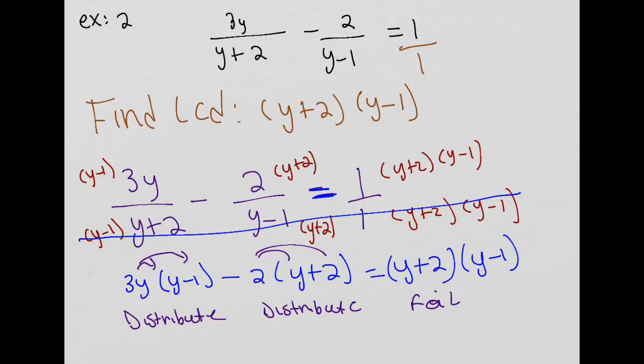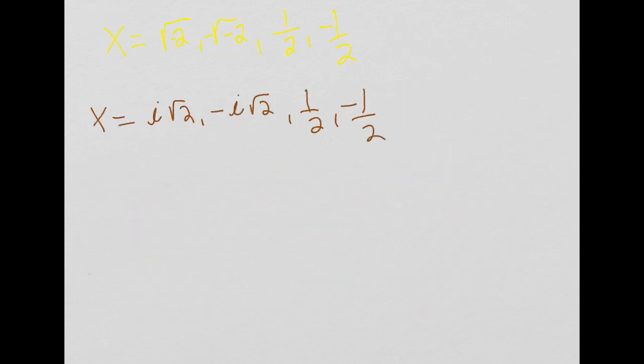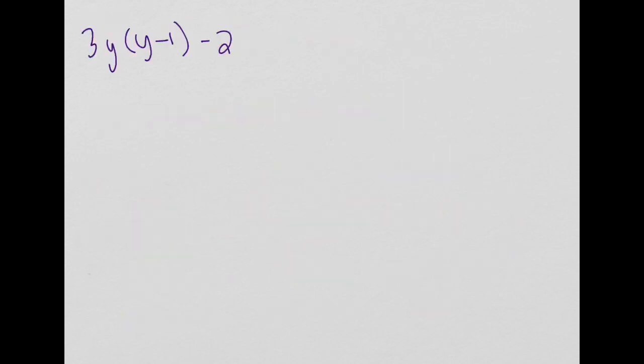Okay, so that is 3y times y minus 1, negative 2 times y plus 2, and then y plus 2 times y minus 1.